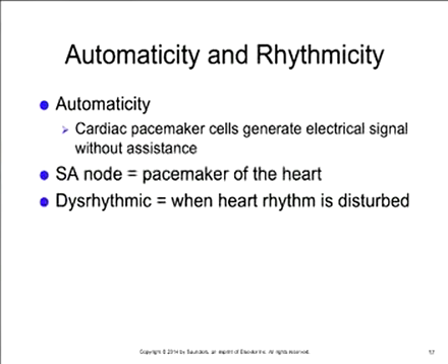An important point about the heart's ability to pump blood is that the entire organ beats as if it were all connected together, and the reason for that is that it literally is.